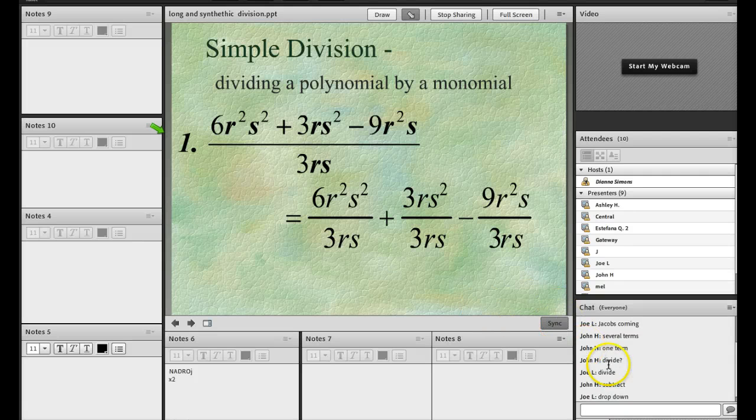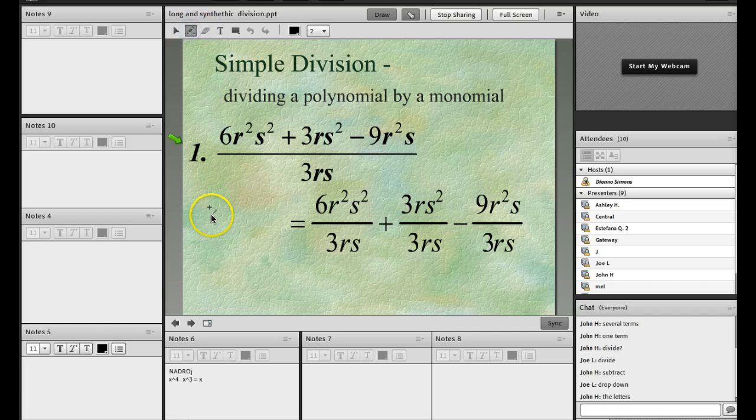Jordan's saying subtract, John's saying subtract, Joe is saying drop down. I want to know what you mean by that. Subtract, yes, but what do you subtract? The letters. Okay.